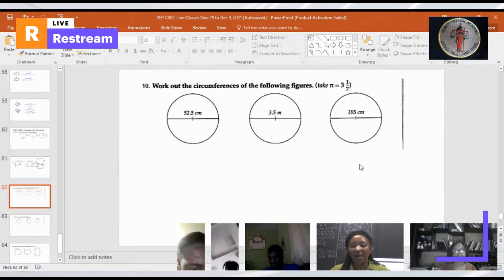You can use 22/7 if the number you're working with is a whole number, not a decimal, a multiple of 7. But remember, the circumference is also the diameter times pi, or 2 times the radius times pi. Since these circles are giving you the diameter, just multiply the diameter by pi.